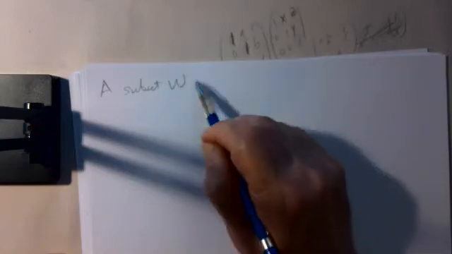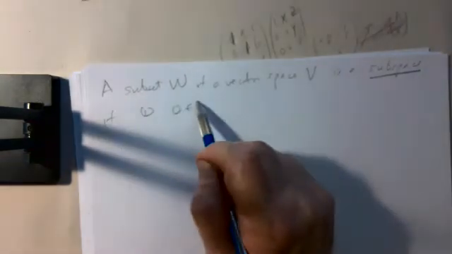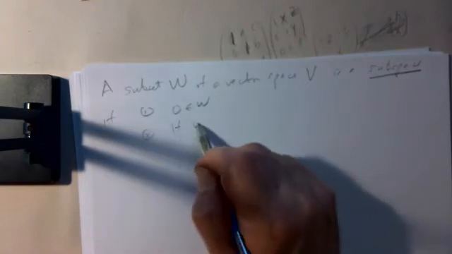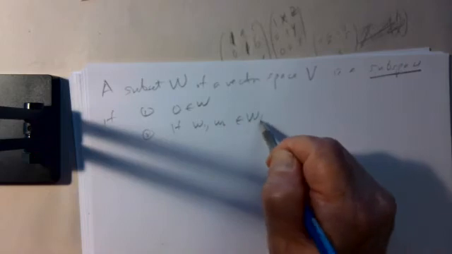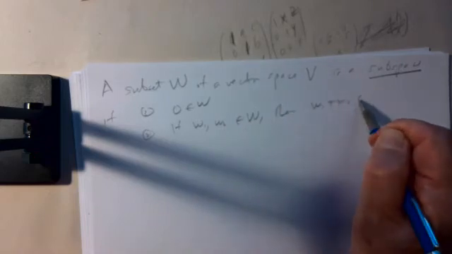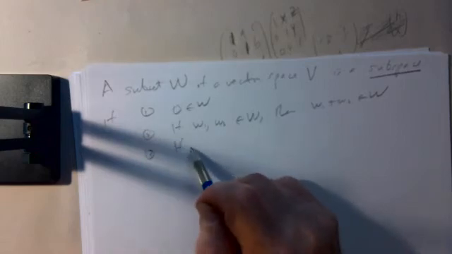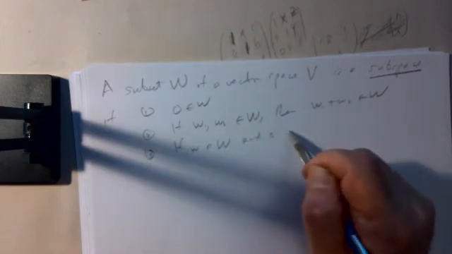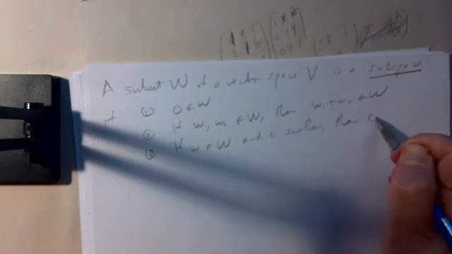A subset W of a vector space V is a vector subspace if, first of all, the 0 vector is in W. Second, if W1 and W2 are two vectors in W, then the sum is in W. And if a vector W is in W and C is a scalar, then C times W is in W. So a subspace of a vector space is a subset that contains 0 and is closed under vector addition and scalar multiplication.